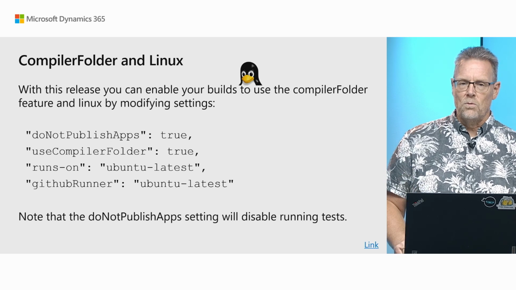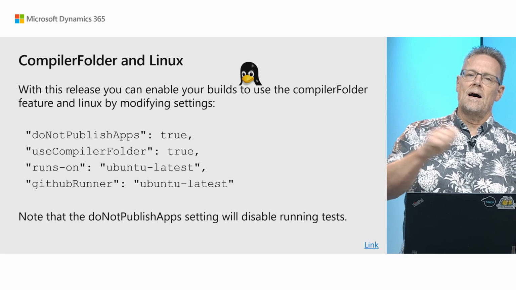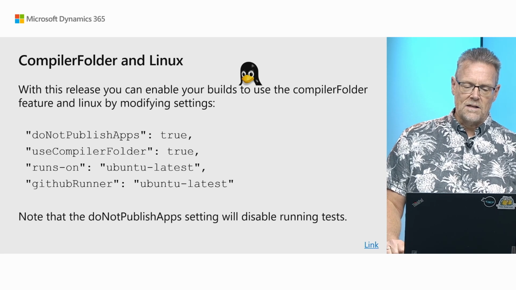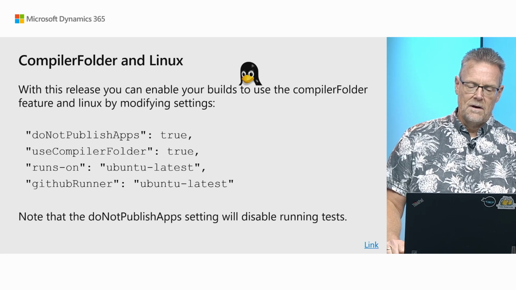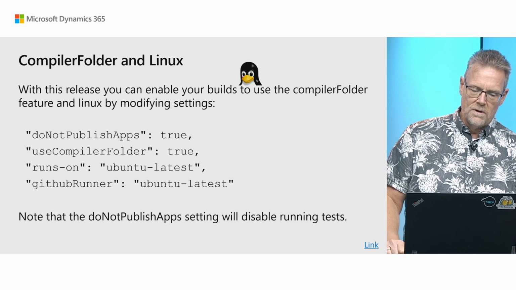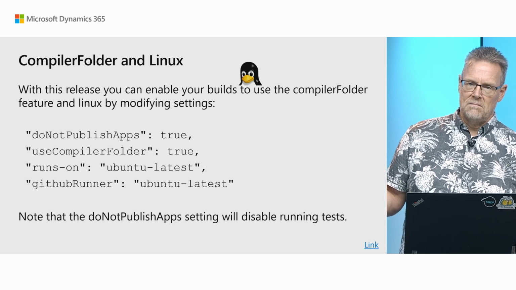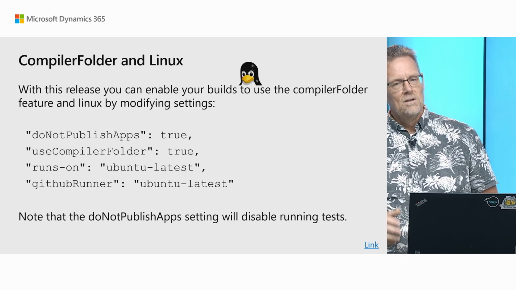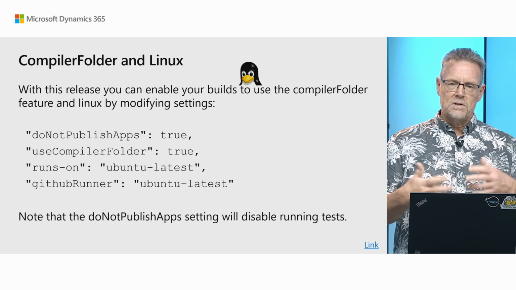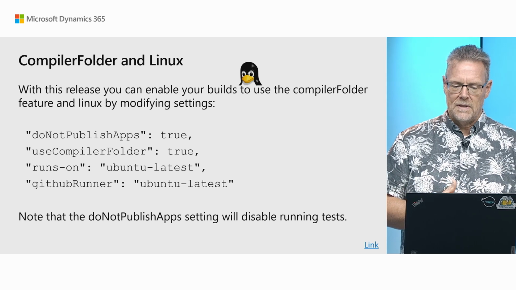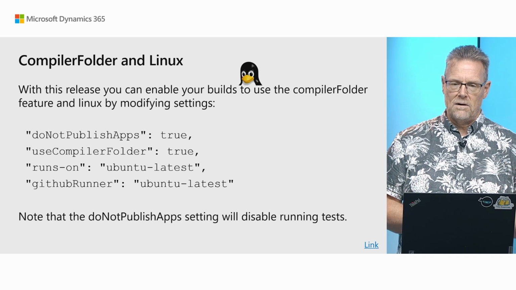But today, if you want to try out how fast it goes when you're building on Linux, you can set these settings. Do not publish apps means exactly what the setting says: do not publish the apps. If you say that you don't want to publish the apps, then there's no need for a container.